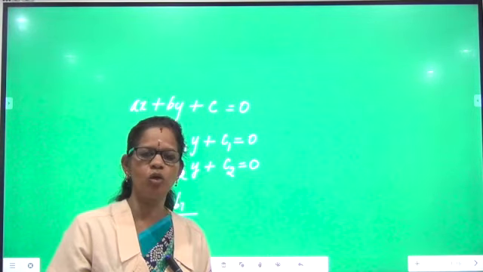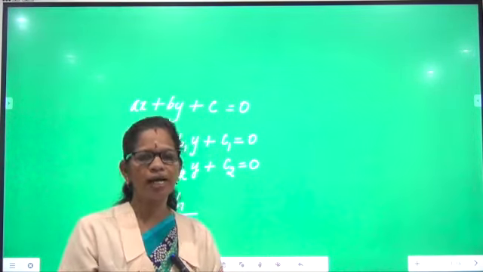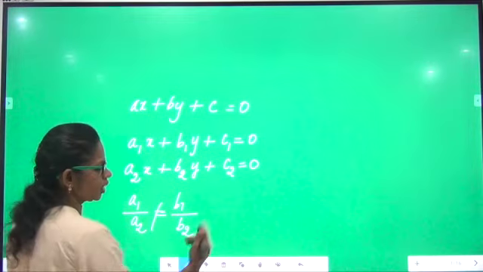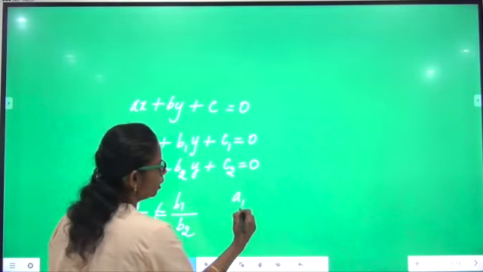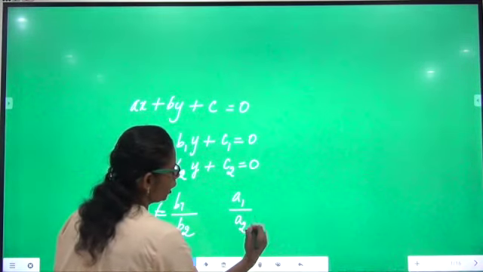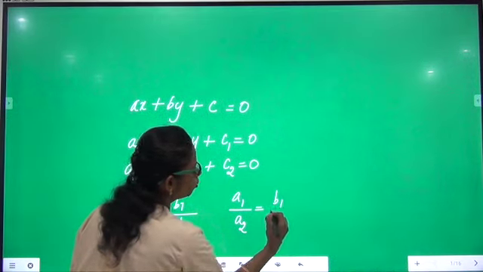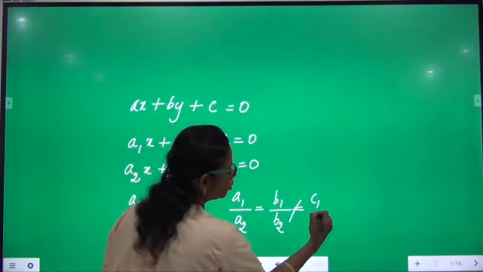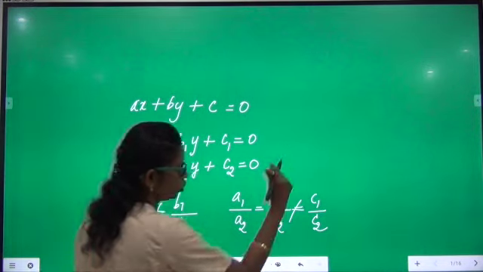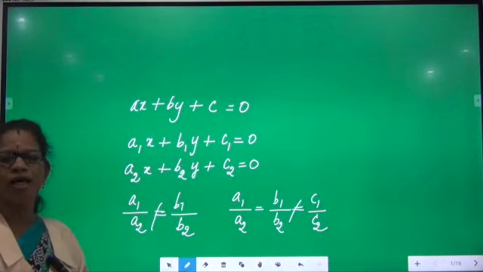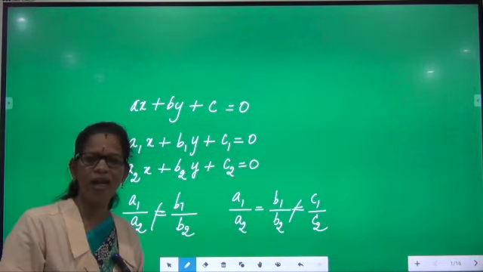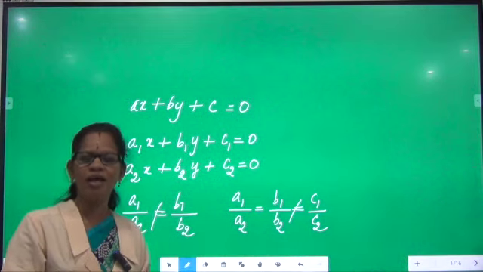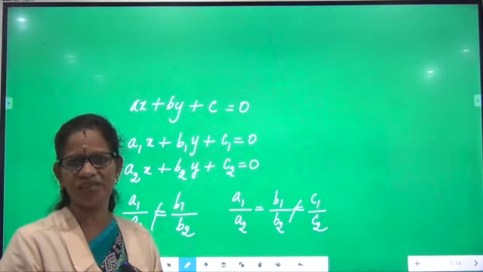Whenever you arrive at a solution, we call the system consistent. Now the next condition, a1 by a2 equal to b1 by b2 is not equal to c1 by c2. What does it represent? The lines are parallel. It has no solution. The system is inconsistent.